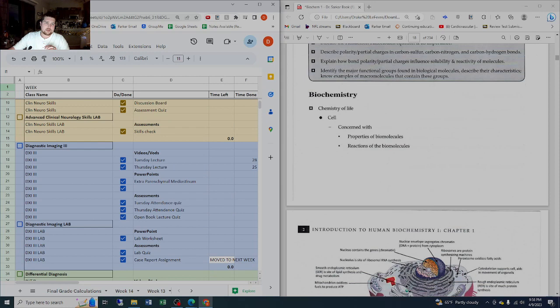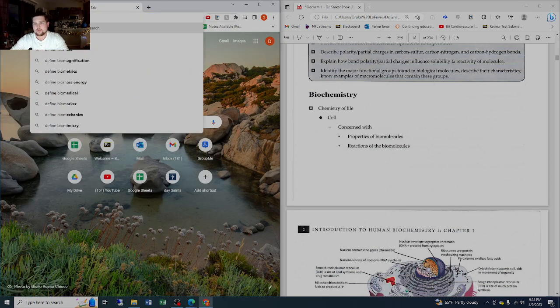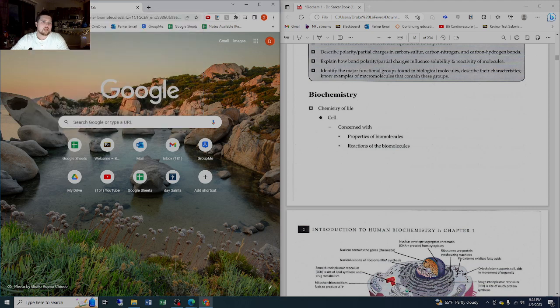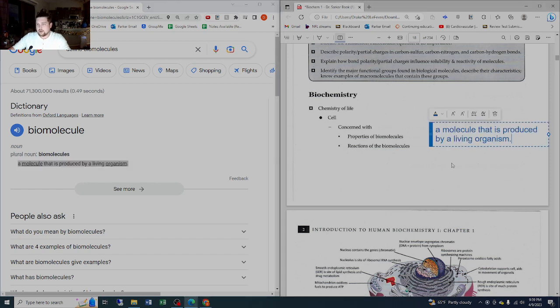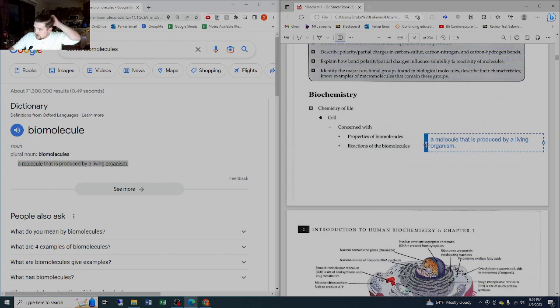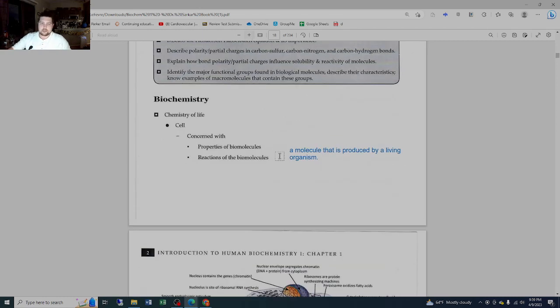Anytime you see a word, for example, biomolecules, that's one of those things where I ask, okay, what does that actually mean? I'm immediately going to go over to my dictionary and define it: a molecule that is produced by a living organism. Okay. Bam. Throw that in there so when you go back to review, it's right there. And as you continue to acquire more information and more vocab, everything's going to keep getting easier and easier.